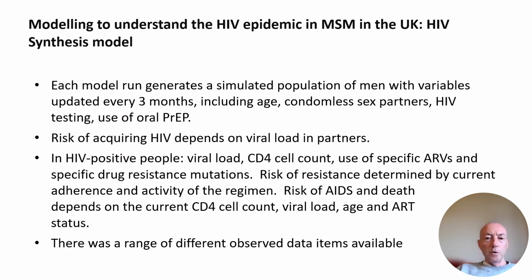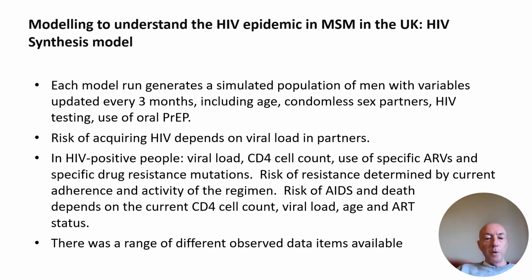Now, for this work, we used an individual-based model called the HIV synthesis model. Each model run generates a simulated population of men with variables updated every 3 months. So the time step is 3 months. And the variables include age, condomless sex partners, HIV testing, use of oral PrEP, risk of HIV acquisition depends on the HIV viral load in the partners of the person.